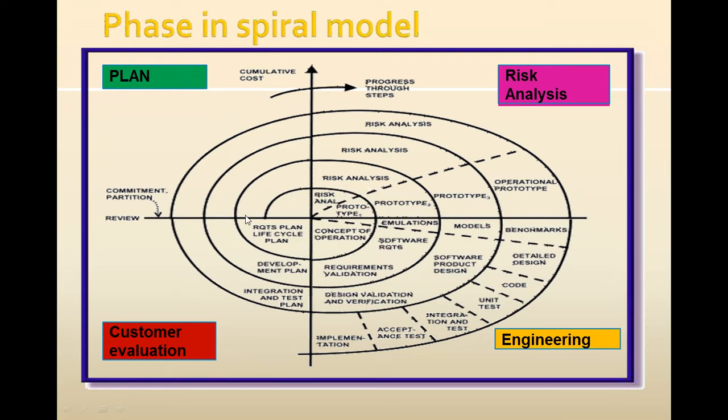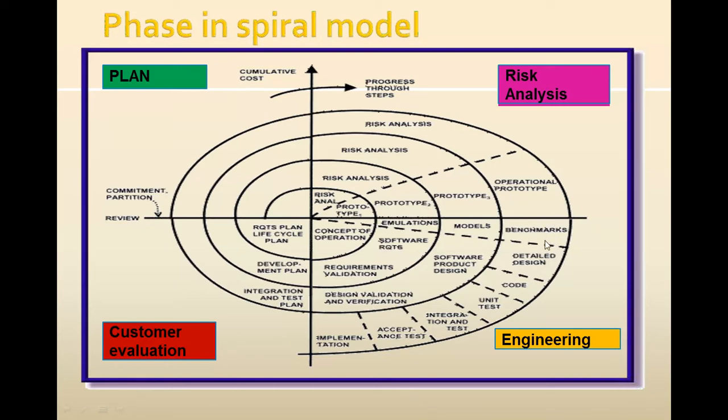In every spiral, you can see in this spiral there is prototype 2, and for this spiral there is prototype 3, and lastly the operational prototype. If we are talking about the third phase, or third fold, you see here this is engineering. Means you see here the concept of operation, software requirement validation, software product design, design validation and verification.